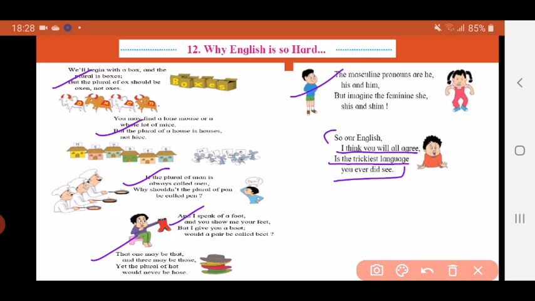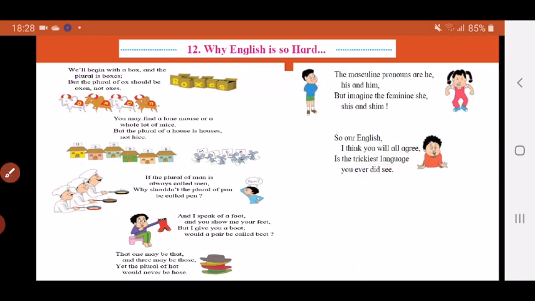And that's why I say, why is English so hard? Wasn't this a nice poem on English? And do you agree that at times it is confusing because we have so many rules for all the different things in English language?